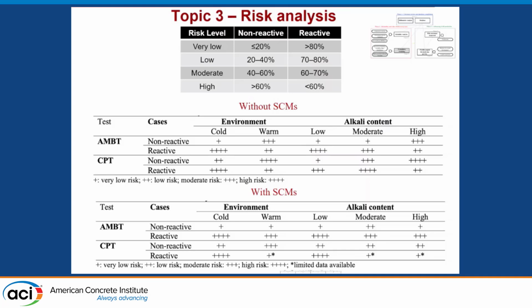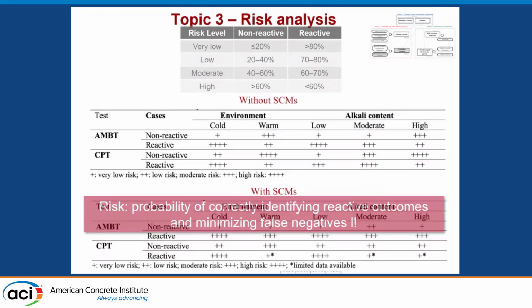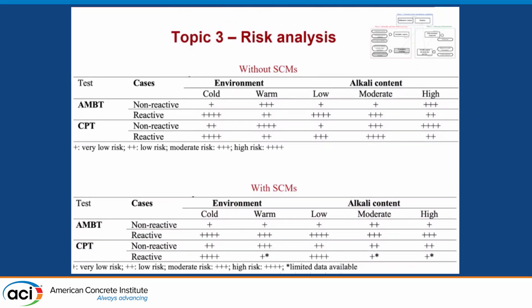For instance, we created that, and then we adapted that for our mixtures with and without SCMs, and for cold and warm environments, because depending on whether it's cold or warm, the risk associated with using a single value of the same test could be different, because the field performance is going to be different, right? So for instance, if an aggregate is non-reactive in the lab, and you use it in a warm environment, perhaps it's going to react, and this is what we are seeing in Texas, so there is a high risk associated with using the test to make decisions.